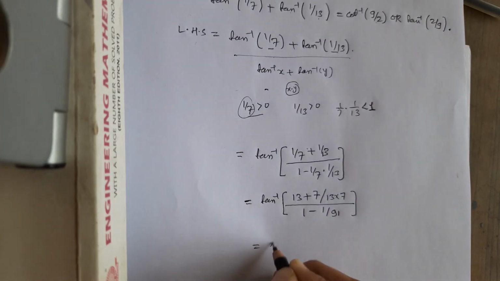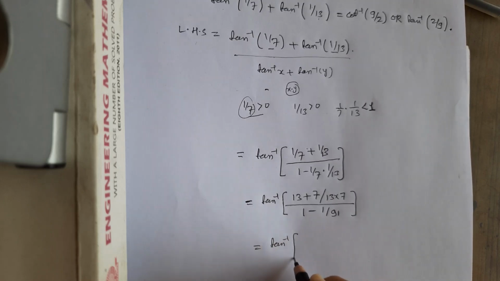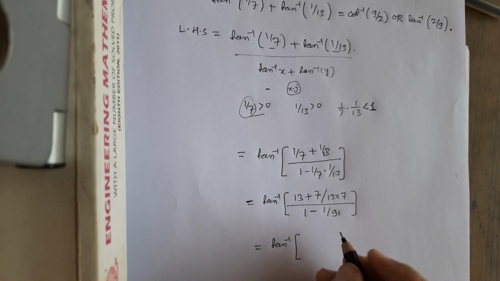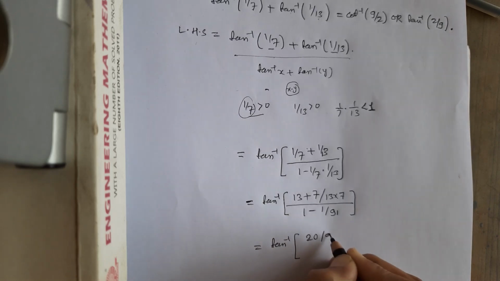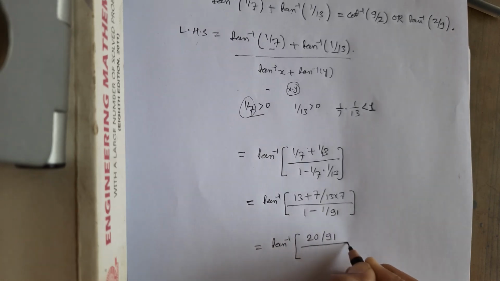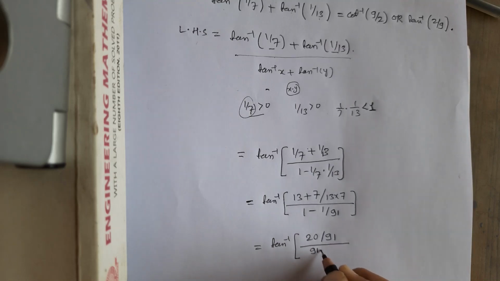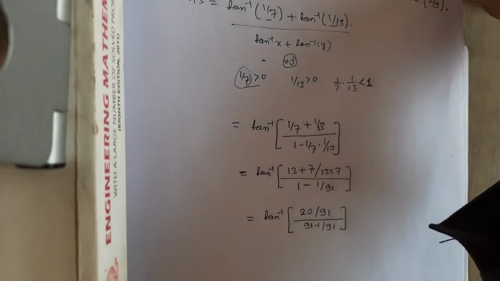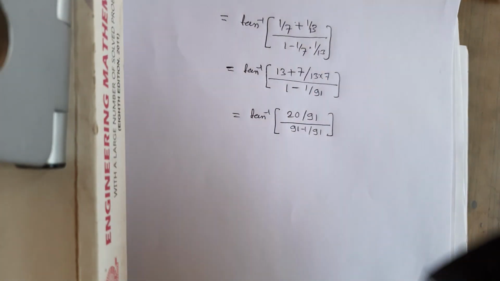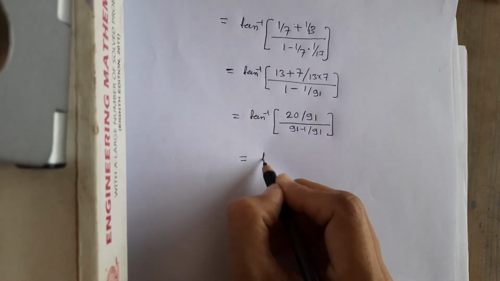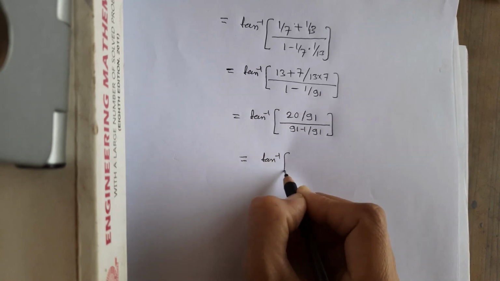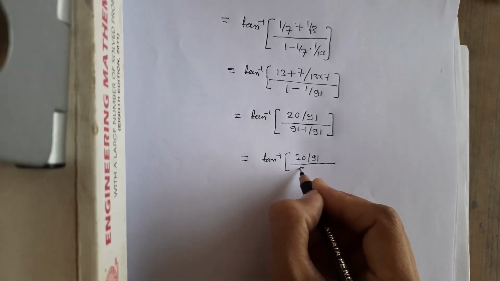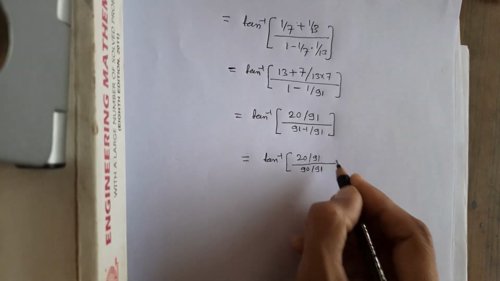So it is equal to tan inverse of 20 upon 91 divided by 91 minus 1 upon 91. Just the simple calculations that we have discussed in fractions and all. So tan inverse of 20 upon 91 upon 90 upon 91.